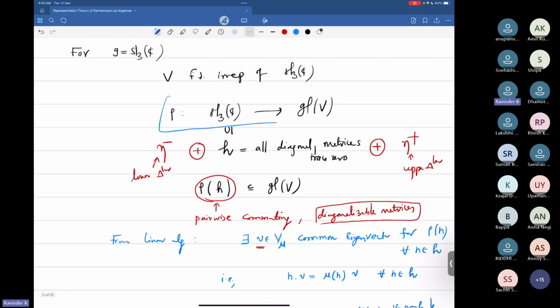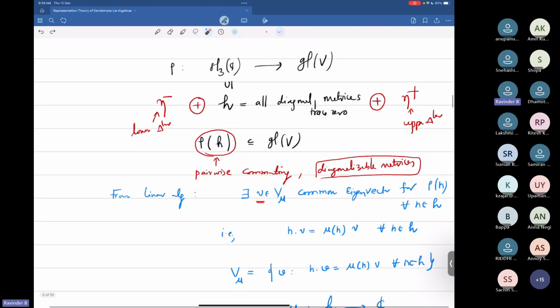If I have a representation of any semi-simple Lie algebra, in particular SL3C, where there are diagonalizable matrices and nilpotent matrices, then look at the images. The statement is that they will be diagonalizable in GL(V) and nilpotent in GL(V) respectively.